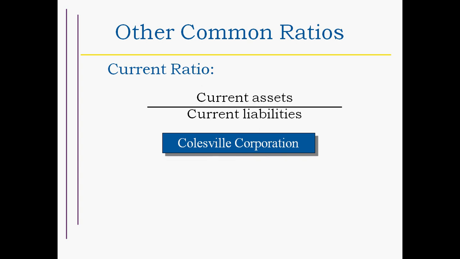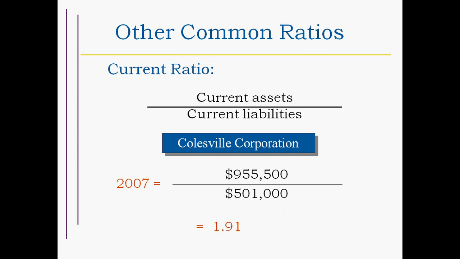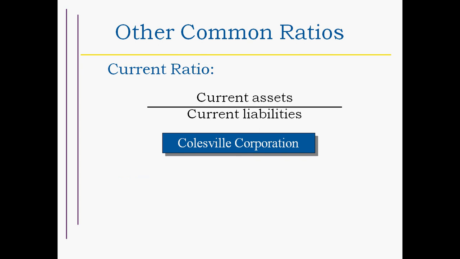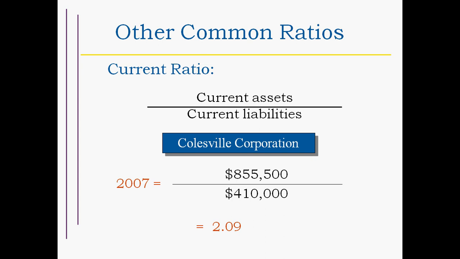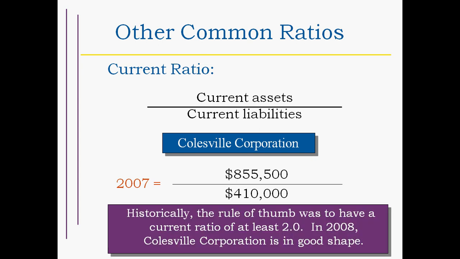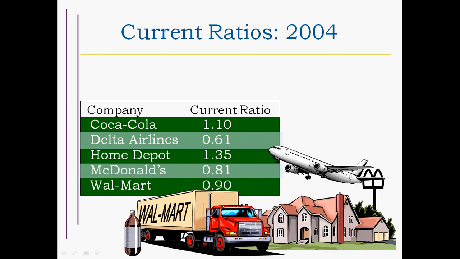Now the current ratio is current assets divided by current liabilities. In 2007 it is 1.91. These are the common ratios, and in 2008 it is 2.09. So the rule of thumb is that the current ratio is at least 2. In 2008 it is in good shape.